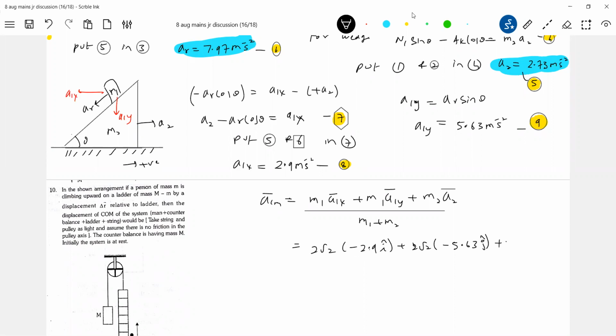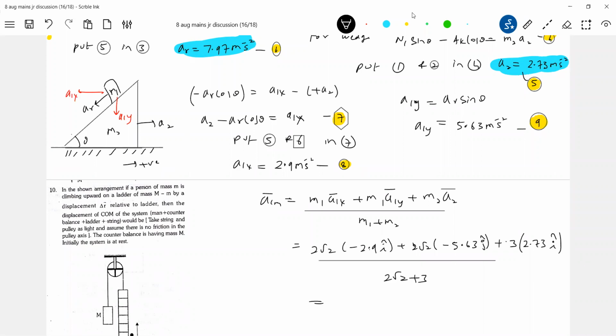Value of M2 is 3. A2 value 2.73 I cap, divided by 2 root 2 plus 3.